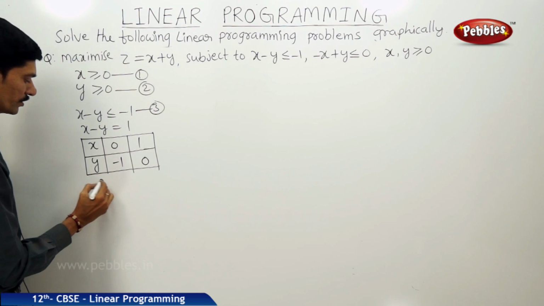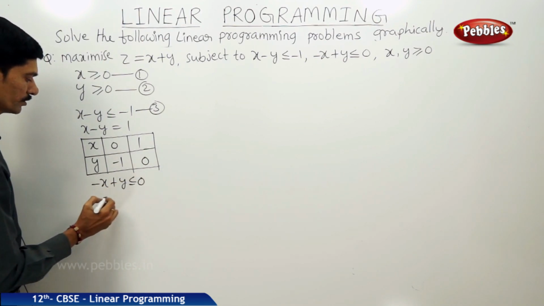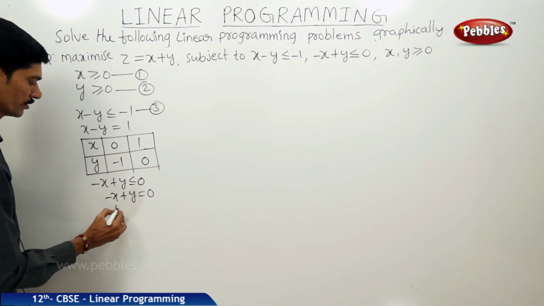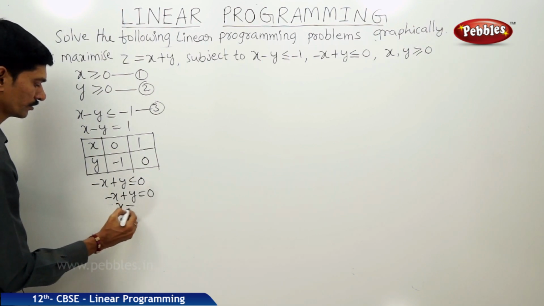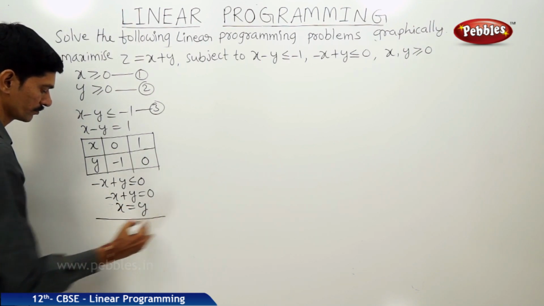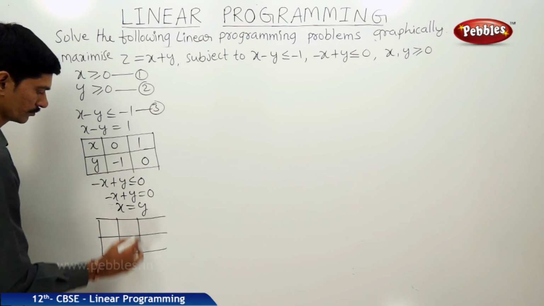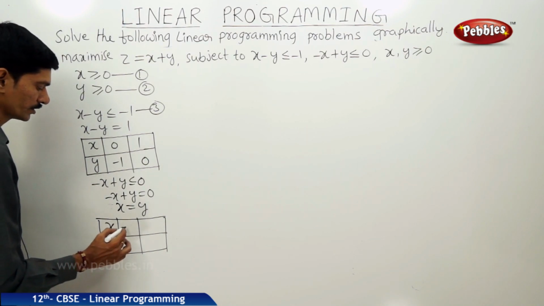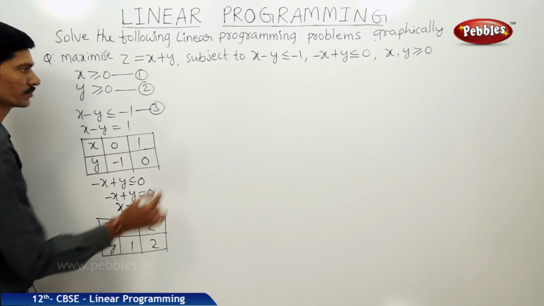And the next one is minus x plus y less than or equal to 0. So from this we get minus x plus y equal to 0, then it is x equal to y. So here we can take 1, 1; 2, 2; 3, 3, where the x and y coordinates are both the same.